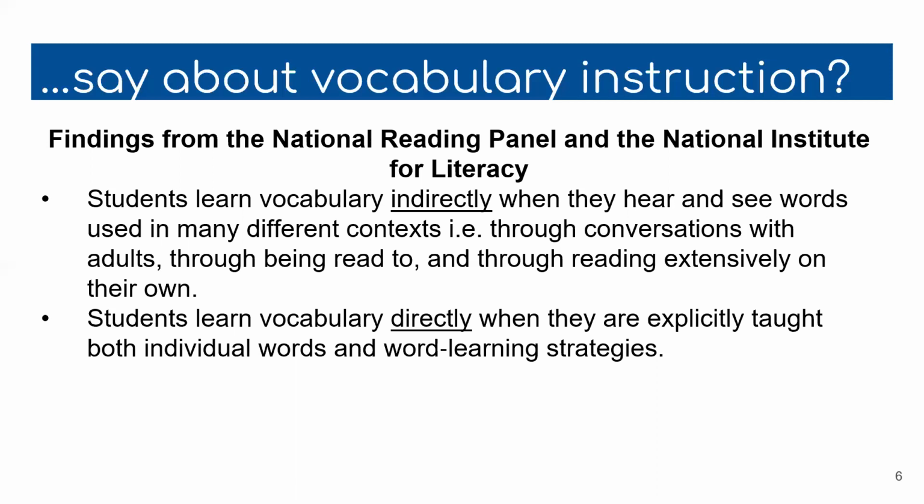Now, while scholars are with licensed and certified educators, we want to make sure that students learn vocabulary directly when they are explicitly taught both individual words and word learning strategies. This is our focus for today.